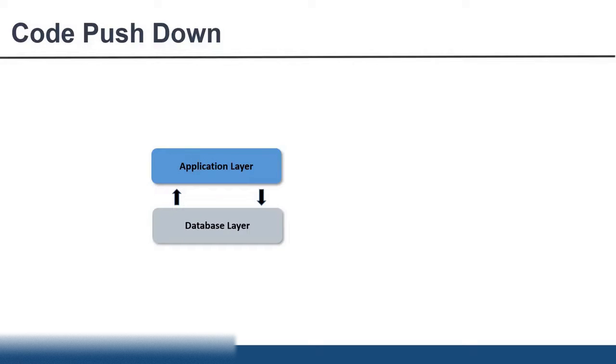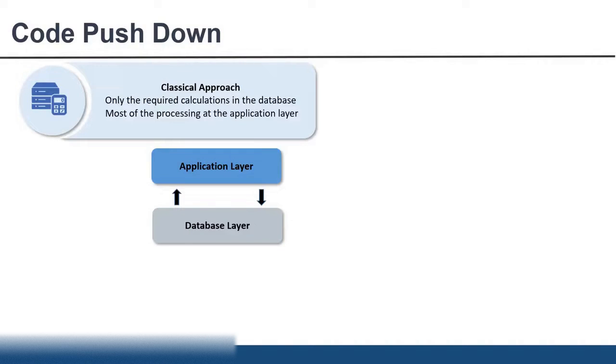You do further processing in internal table and display the output on the screen. That means if you want to do any further database related operations or any calculations or aggregations on top of your data, you perform those operations in internal table and then you display the output on the screen. So with this classical approach, most of the processing of the data happens in the application layer.